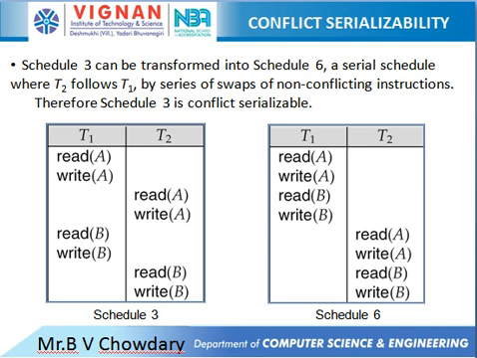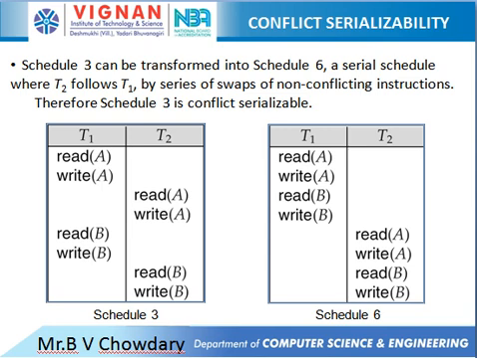Either I can convert schedule 3 as T1 followed by T2 or T2 followed by T1, which is called a serial schedule. In our example, schedule 3 is not a serial schedule, but after converting it using non-conflicting instructions, we have made it equivalent to a serial schedule.